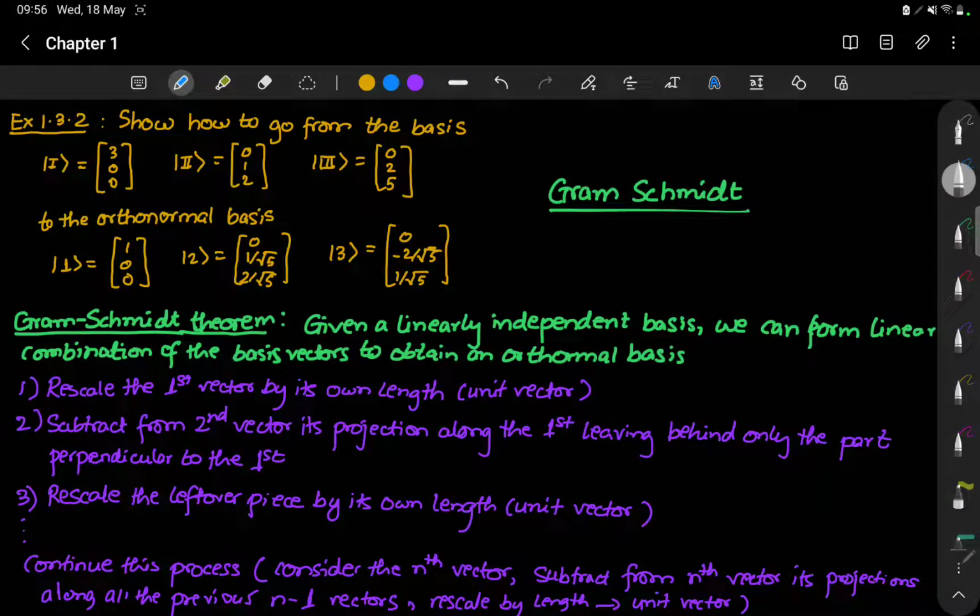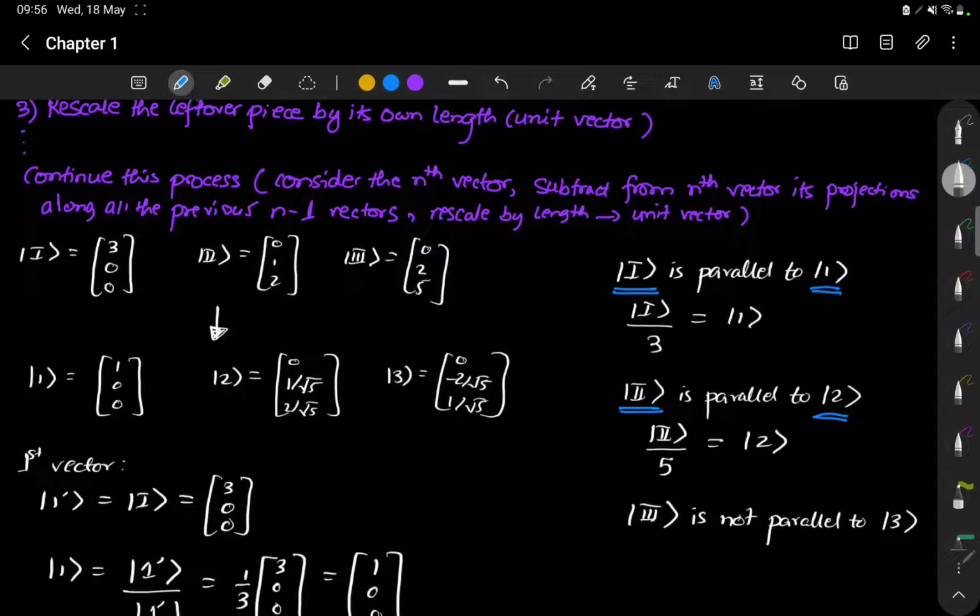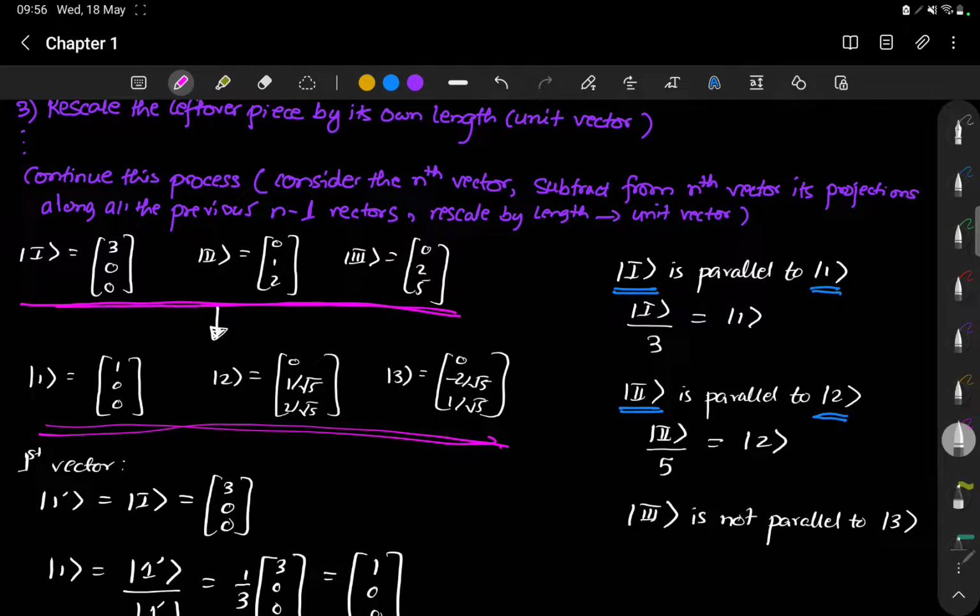So we have solved this question using the Gram-Schmidt orthonormalization procedure, and we have obtained this set of orthonormal basis vectors starting from a set of basis vectors which were not orthonormal. So this solves this question.